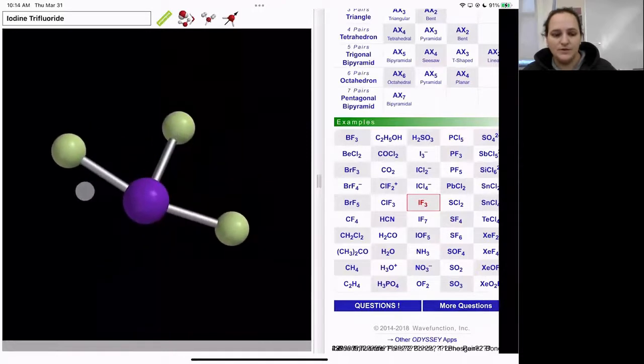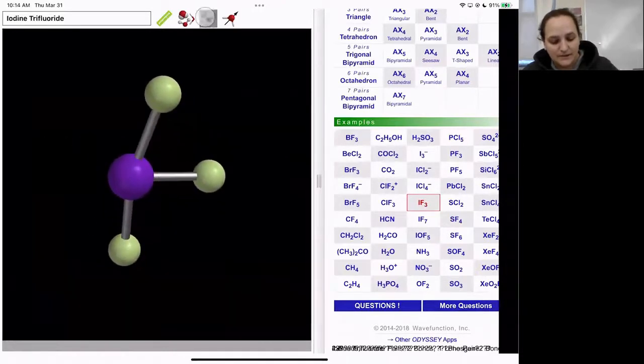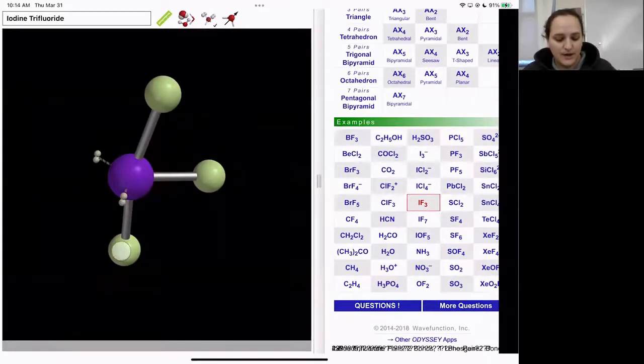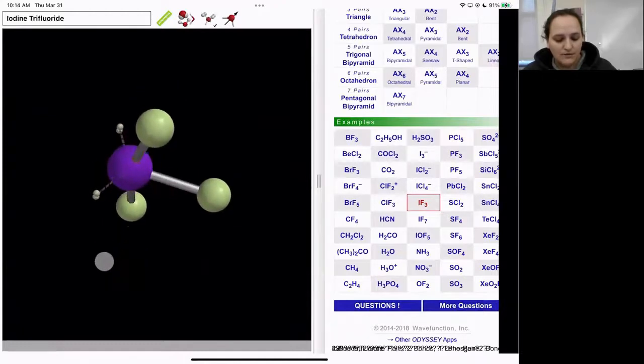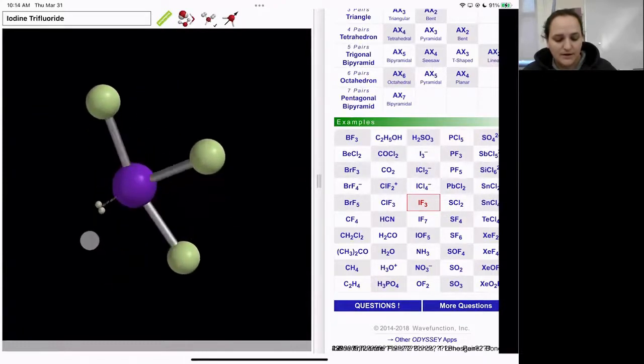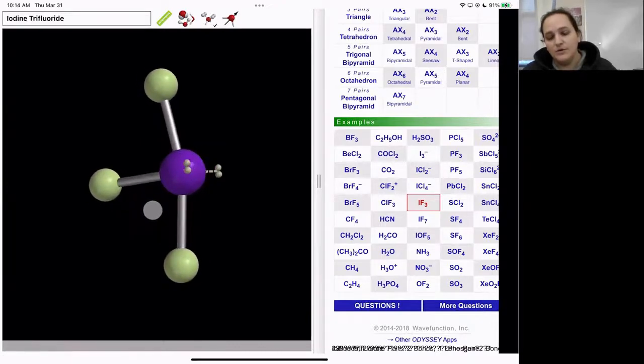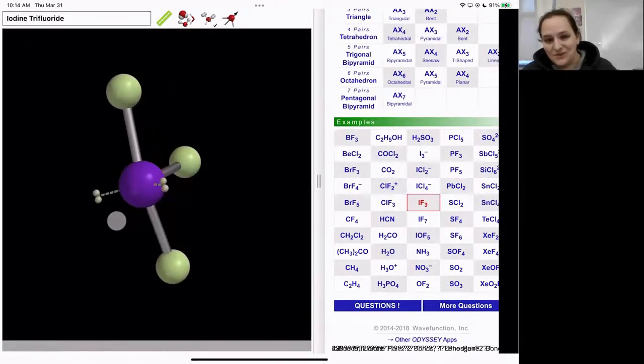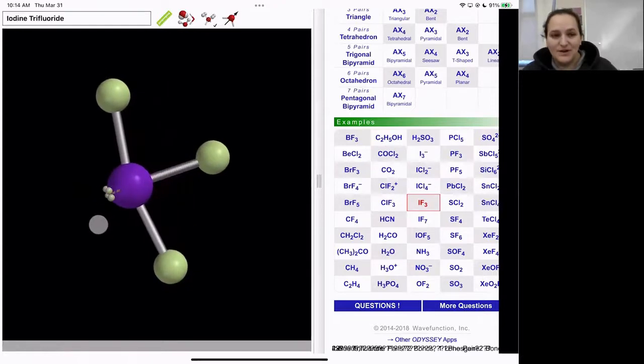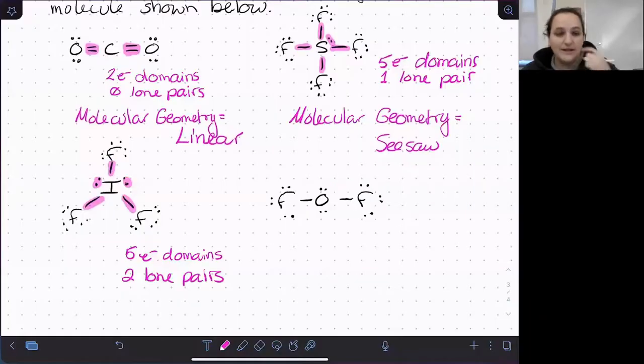They create this sort of shape instead, and that is because of those 2 lone pairs. When you consider all of the electron domains together, we have a pretty even distribution of electrons, but they don't all have atoms connected to them. So the geometry we're considering is just really the shape that the atoms make, so we call it a T-shape.